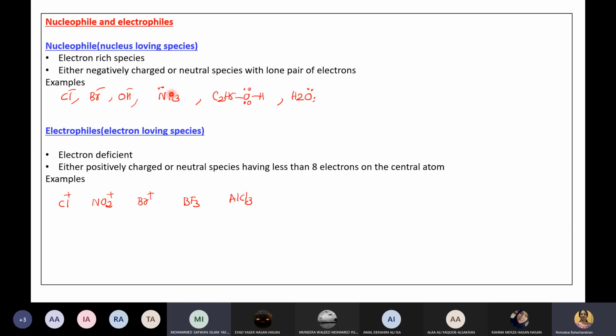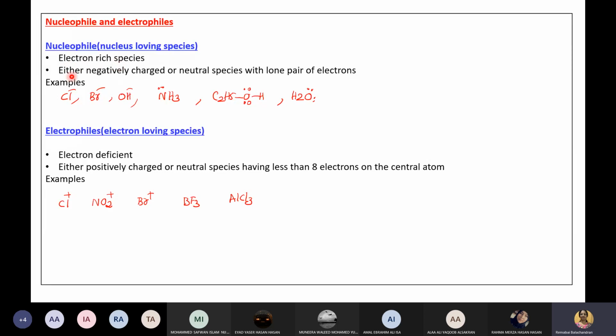You know the charge of an electron, right? It's negative. So nucleophiles, or nucleus-loving species, are electron rich species.